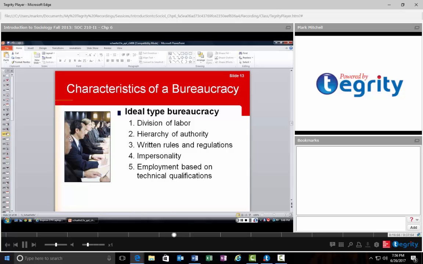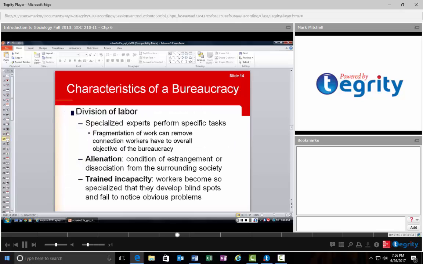Impersonality, the faceless, nameless thing, which doesn't treat people individually, but just as another name or number in line. That's what impersonality is trying to get across. And the fifth one is employment based on qualifications. A little more explanation of each of these follows.